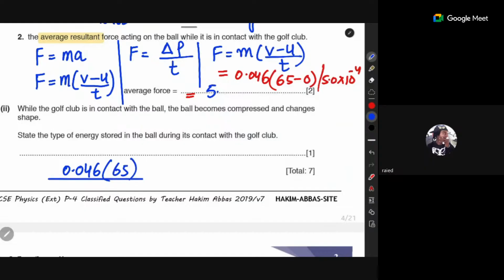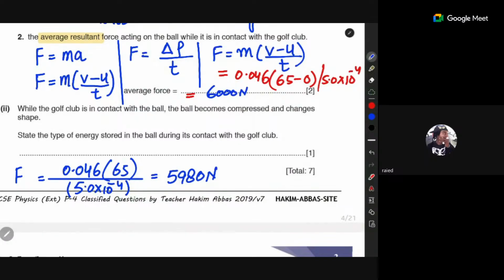Whatever the answer you are getting, just divide it by 5.0 × 10^-4, and please keep the entire thing in brackets. So 5,980 newtons. So I will just place this value here as 5,900. It is almost 6, so it would be simplified to 6,000 newtons.